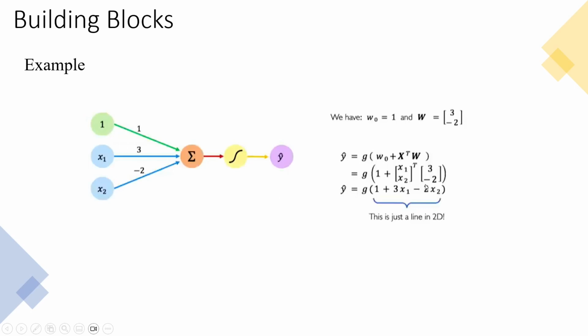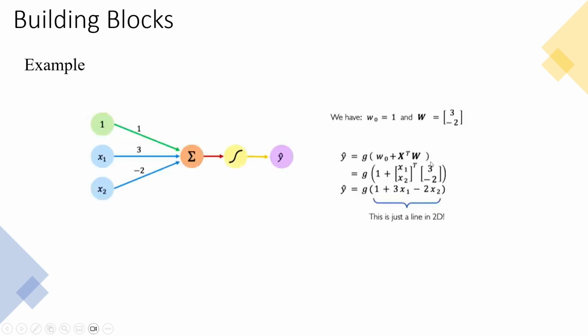If you remember from our previous equations, we were creating a column-wise matrix from the weights, which is 3 and minus 2. We have the bias, that's 1.